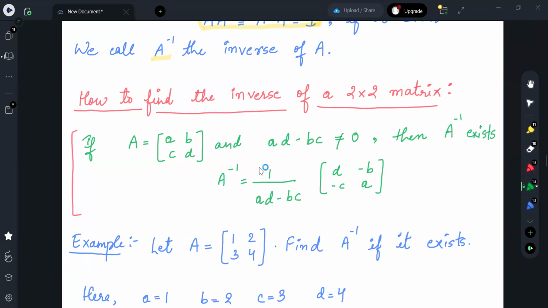And we can calculate A inverse easily by multiplying this matrix by the reciprocal of ad minus bc.